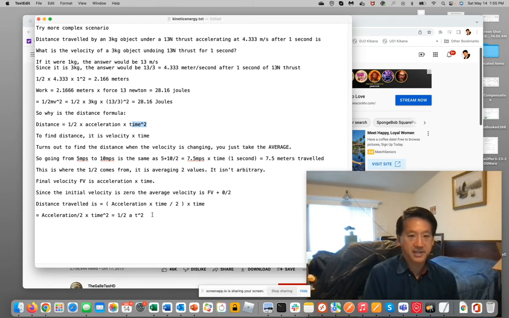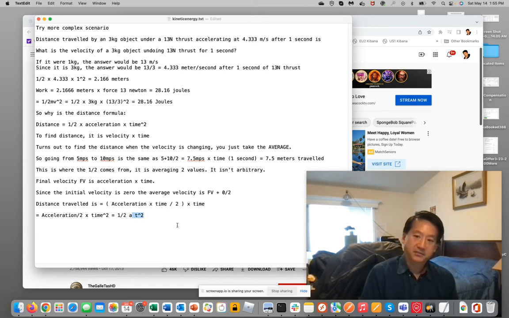So we have actually time in here twice. So if we rewrite this here, we get 1/2 times the acceleration times time squared, right? So that's where the time squared comes from.